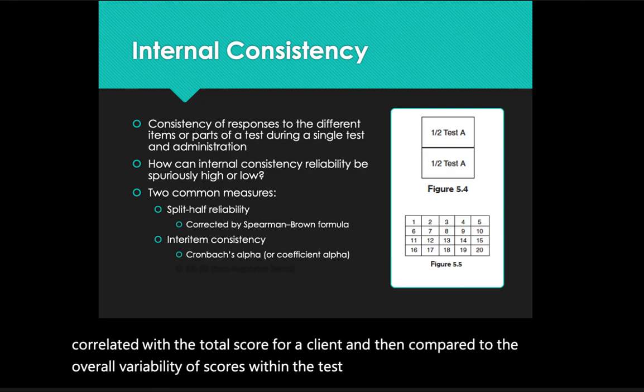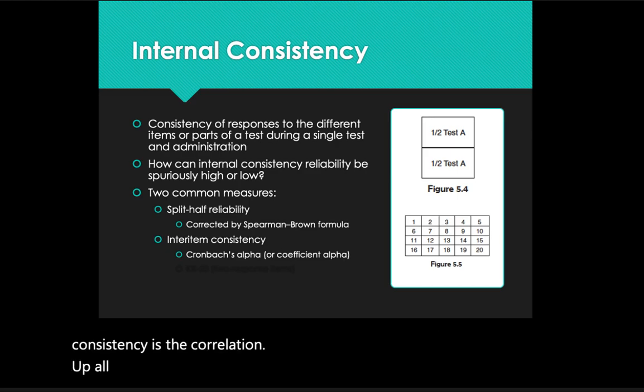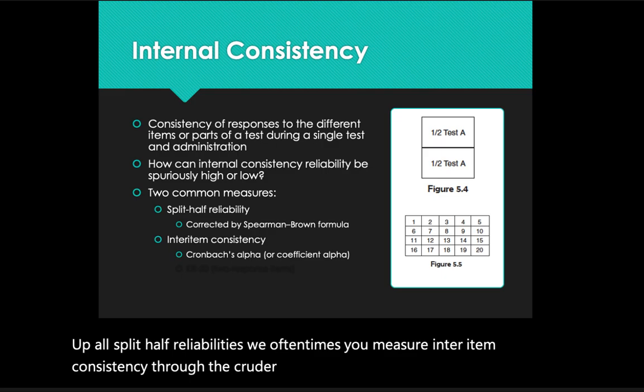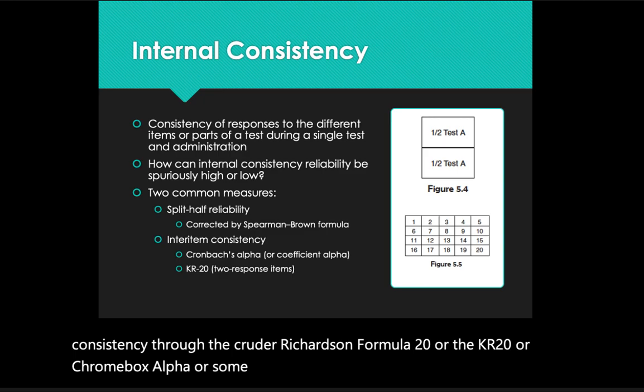So essentially, inter-item consistency is the correlation of all split half reliabilities. We oftentimes measure inter-item consistency through the Kuder-Richardson Formula 20 or the KR20 or Cronbach's alpha or some coefficient alpha.